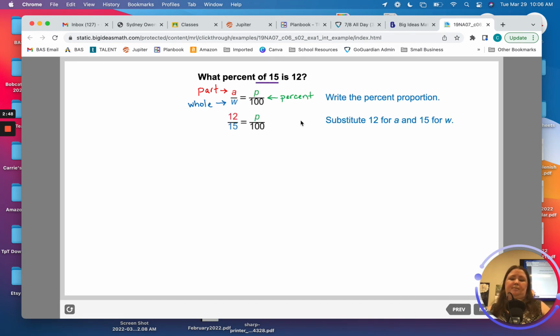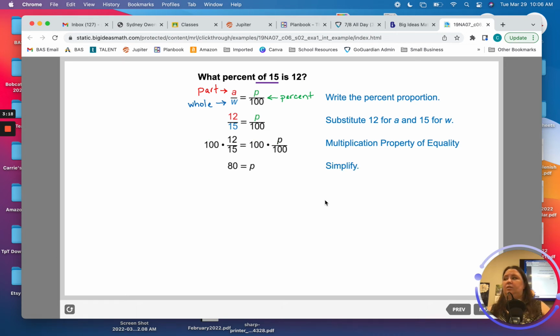So you're going to plug that in. 12 over 15, because 15 is the whole, equals what percent, or P, out of 100. Can I solve for P here? Yes. What would I do? Cross multiply and divide, right? 12 times 100 divided by 15. You will see that forever in your lifetime: cross multiply, divide.